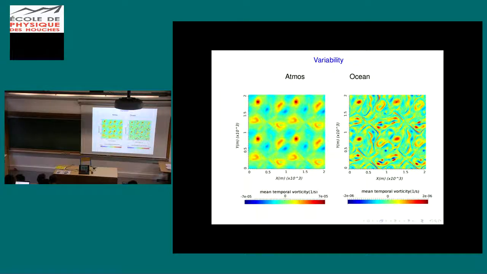So for the lower friction coefficient, we had temporal variability, and for the higher friction coefficient, we had only spatial variability and no more temporal variability. And this is true for the atmosphere and the ocean. So they almost don't evolve in time anymore. They're frozen, but they're not frozen in a periodic way.